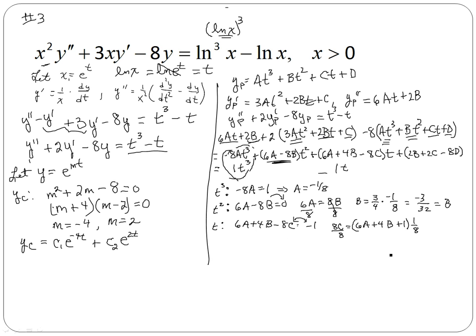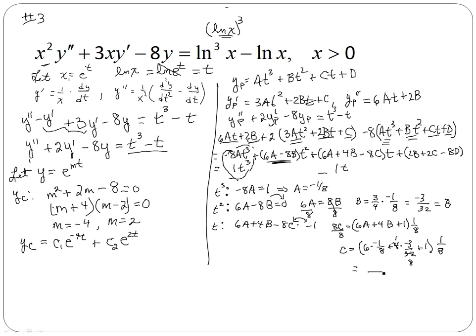And then substituting values in, I'm going to get 6 times a, that's negative 1/8, plus 4 times b, that's negative 3 over 32, plus 1 times 1/8. And that gives me, see, I'm going to reduce here. 4 goes into 32 8 times.